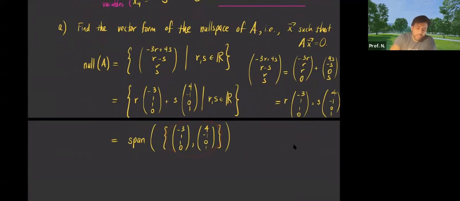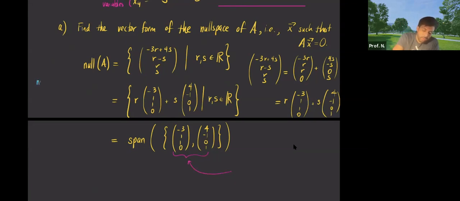And what's also notable about these two vectors? Beyond the fact that they span a subspace of Rn, or in this case, R4. So you see all this information we can glean off.